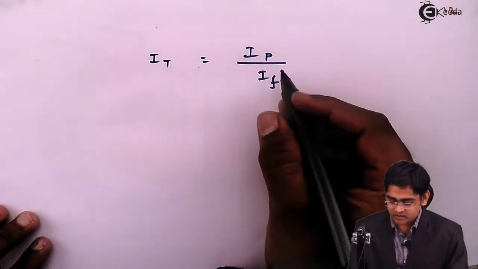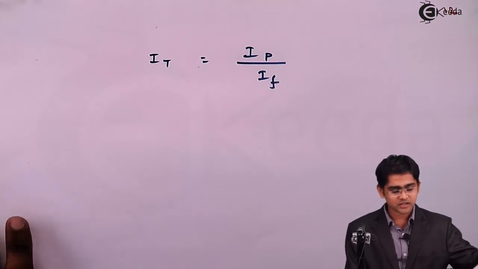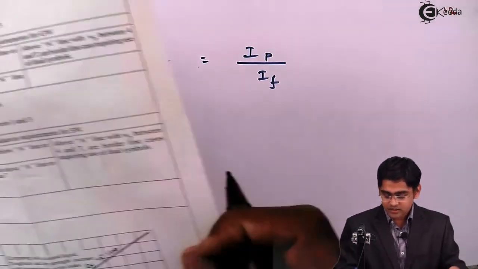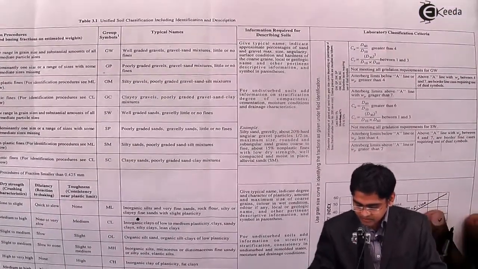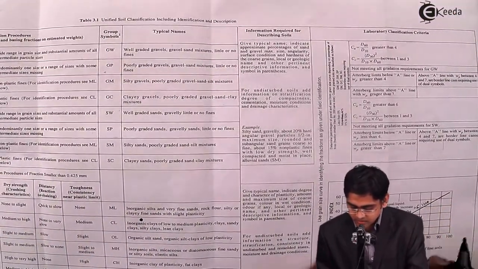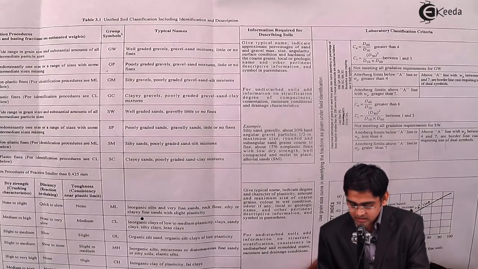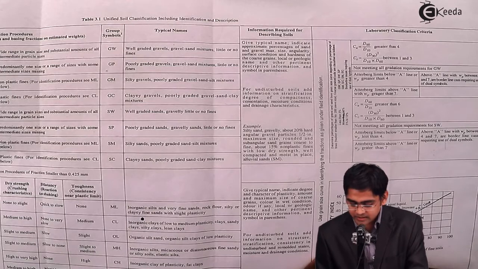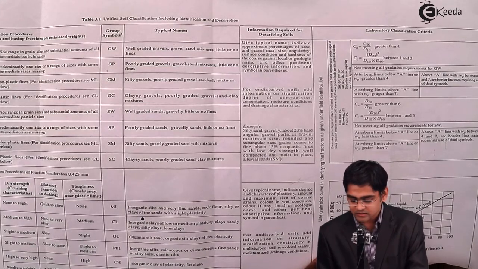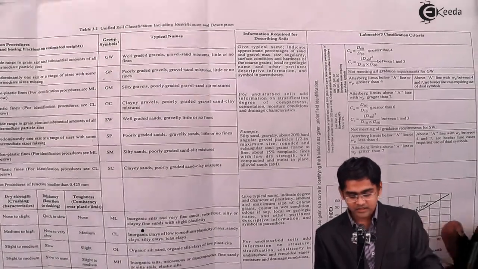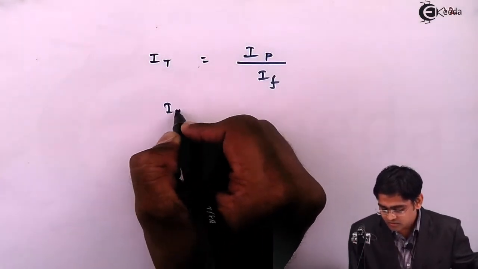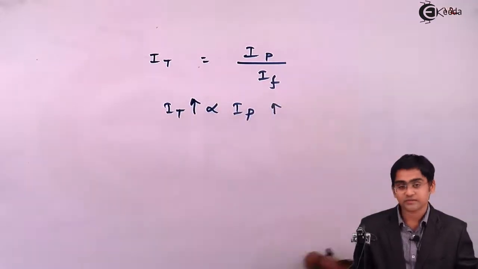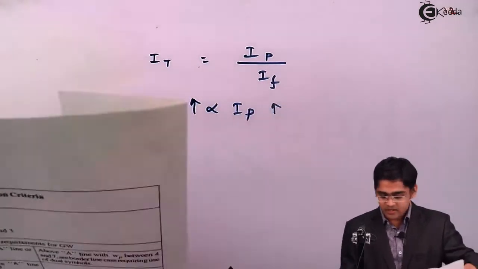If you compare two soils at equal liquid limit, the toughness and dry strength increase with an increase in the plasticity index. So the toughness and dry strength are directly proportional to the plasticity index. If you increase the plasticity index, the toughness of a soil is going to increase.